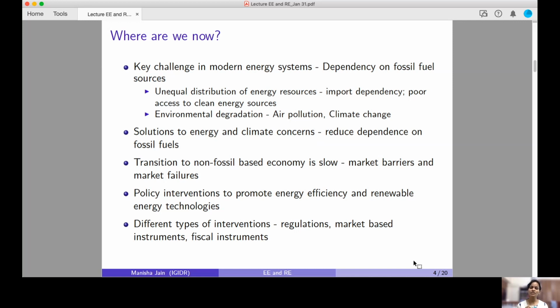So LPG or PNG, the liquefied petroleum gas or the piped natural gas, or the compressed natural gas CNG, are considered clean energy sources when we think of energy access as a problem. But this is also a fossil fuel. It is not associated with a significant amount of air pollution, but burning of any fossil fuel is a problem because they cause climate change.